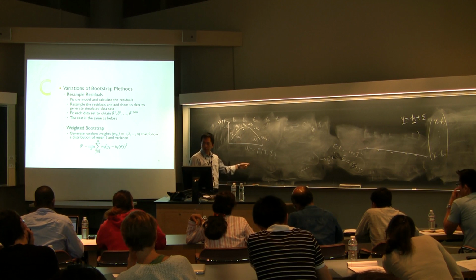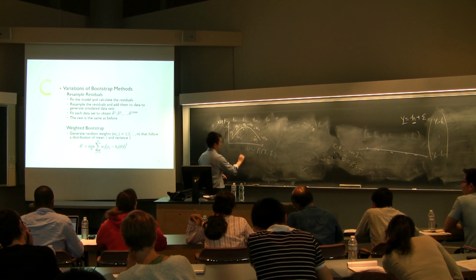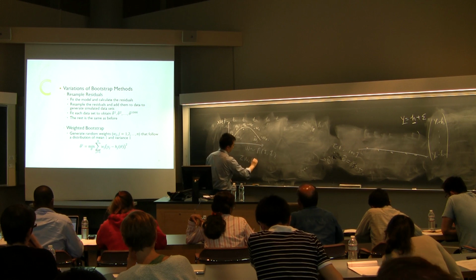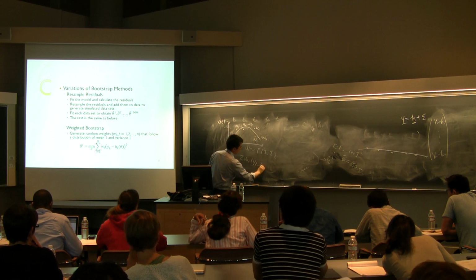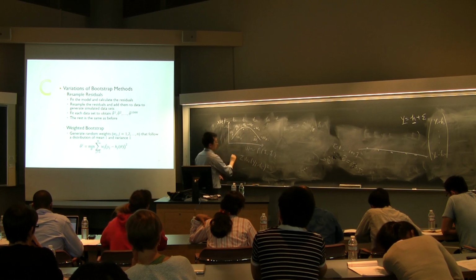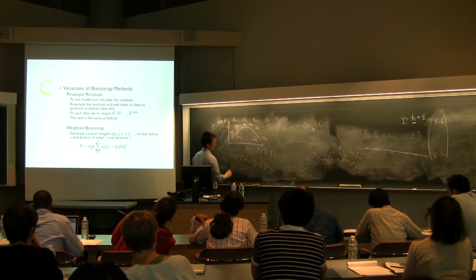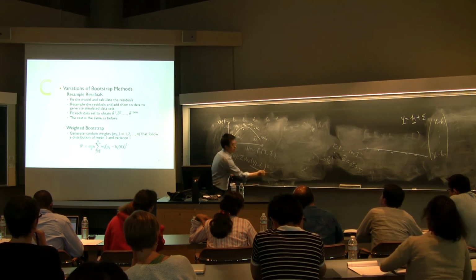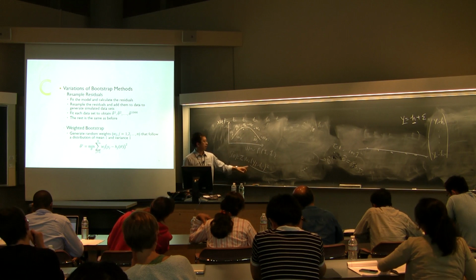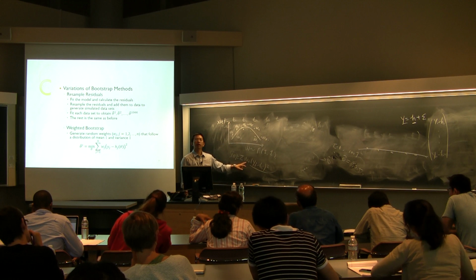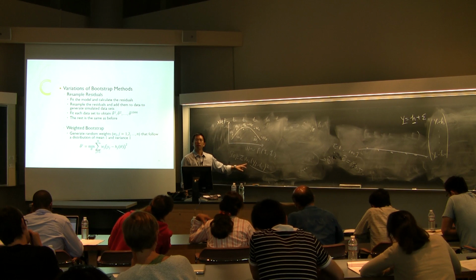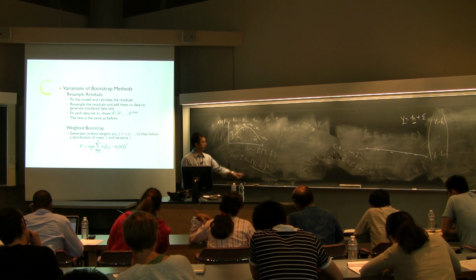Now my least squares becomes this. Instead of just the square term, I put a weight in front of the squares, so for each data point I have a weight.